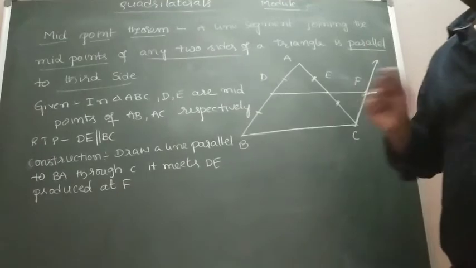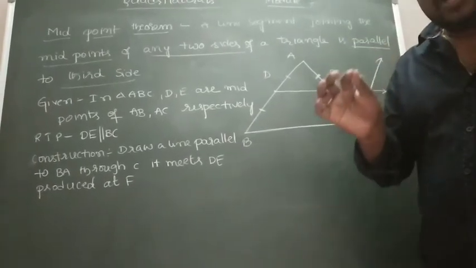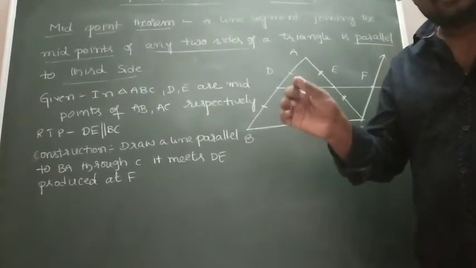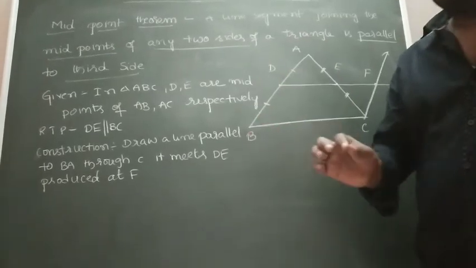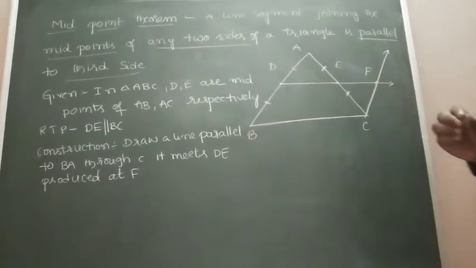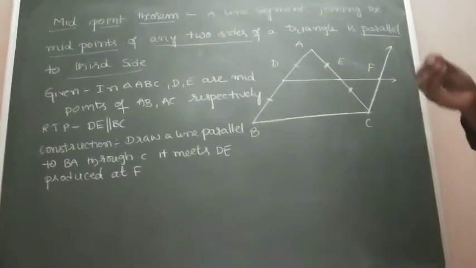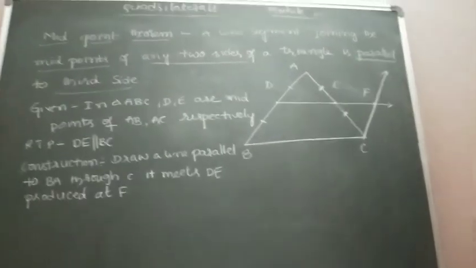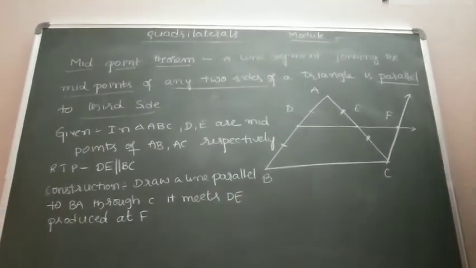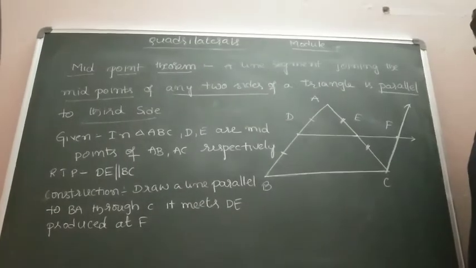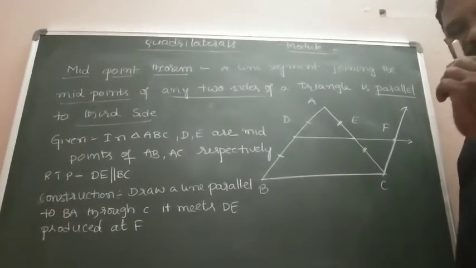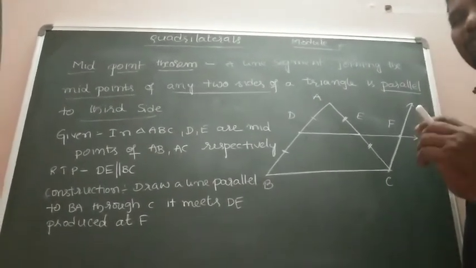In a quadrilateral, if one pair of opposite sides are parallel and equal, such a quadrilateral is called a parallelogram. We are using the last property of a parallelogram, that is a quadrilateral in which one pair of opposite sides are parallel and equal.